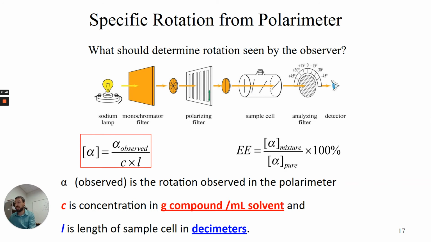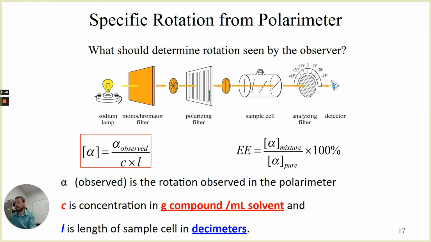And so what we're talking about here in this formula is that we would typically take some unknown and we would observe its rotation. Okay? We would compare that to a standard that was pure. If our unknown, when we did this ratio, came out to be exactly the same as the pure, well, then we know our unknown mixture, quote unquote, was pure.